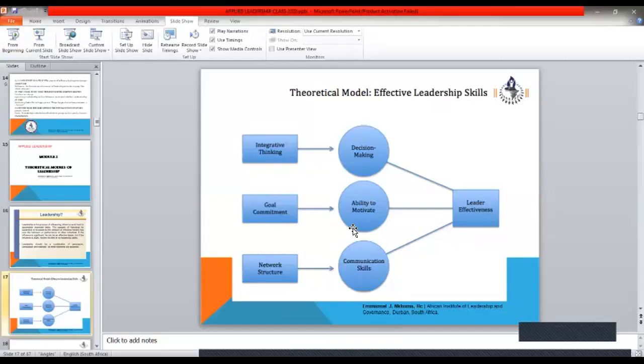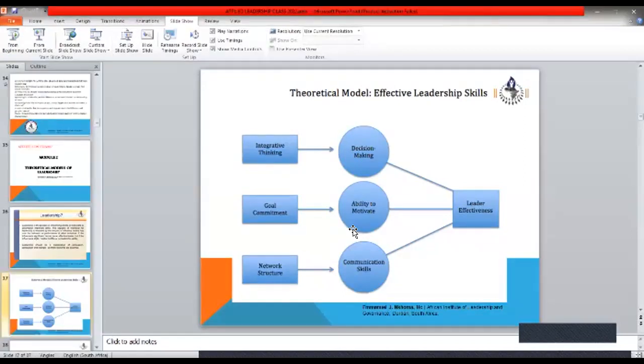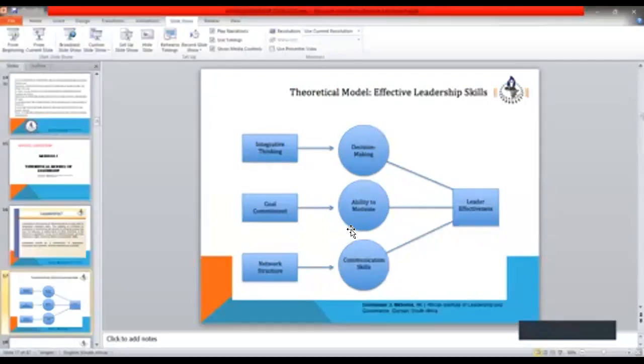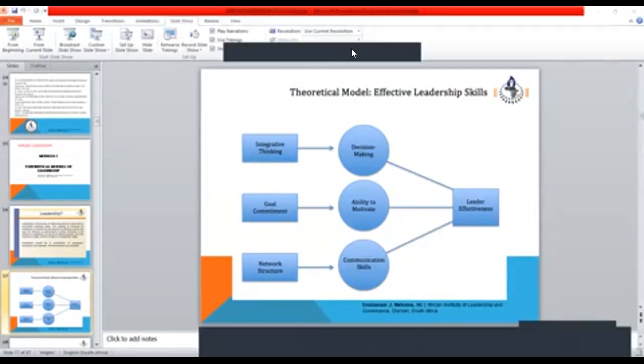Integrative thinking is a combination of skills, which does not just limit you to skills such as research. Skills such as investigation. Skills such as consultation. All this will affect your decision making.